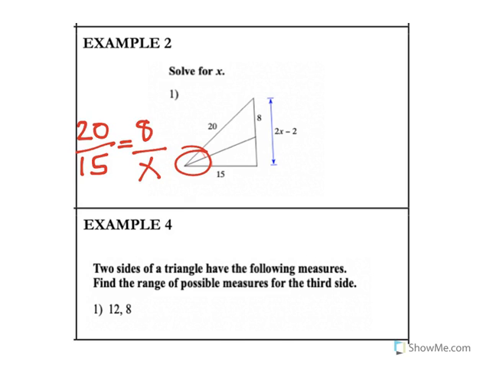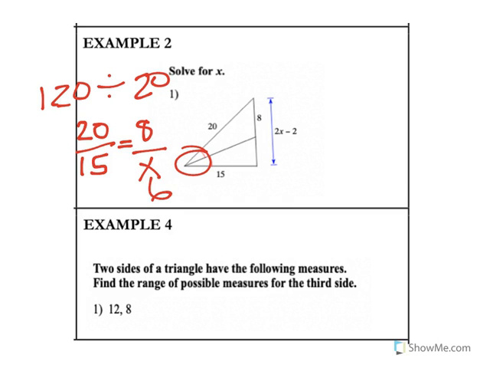All right, so in this case, 8 times 15, we need to do that problem like we did before. And when we multiply 8 times 15, we get 120. All right, so that's 120. And then we're going to divide 120 by 20, which we know will be 6. So this is 6.